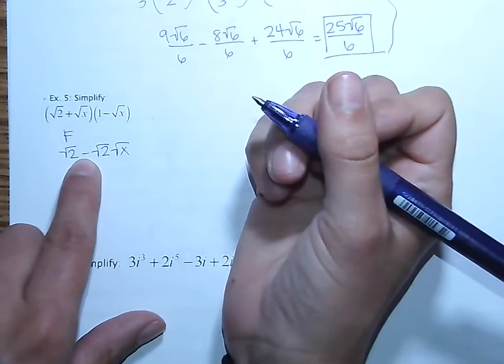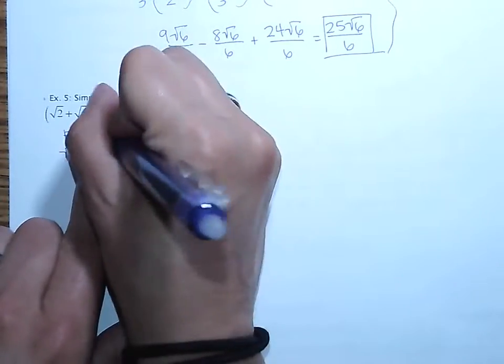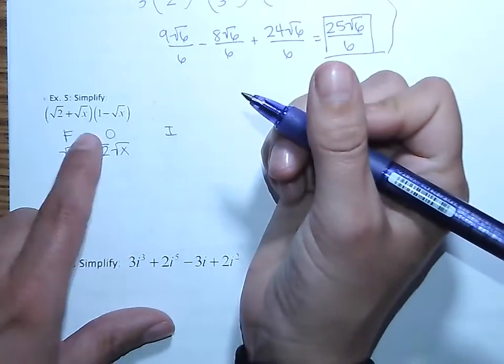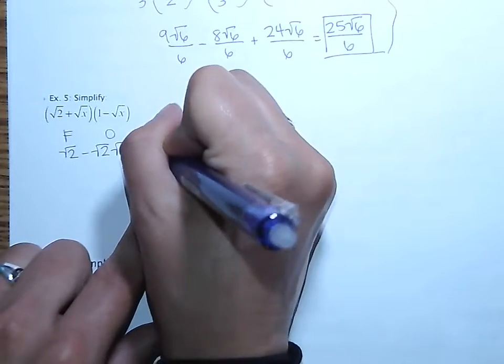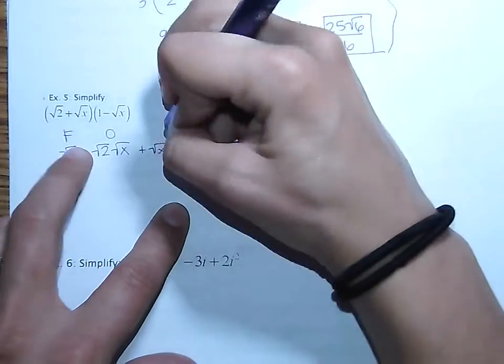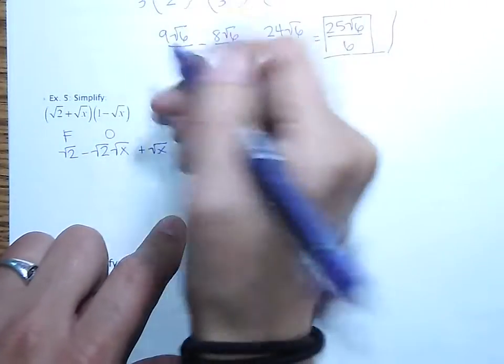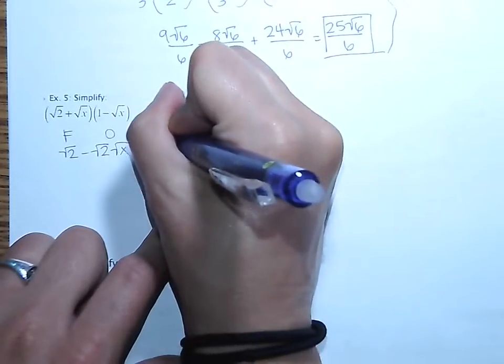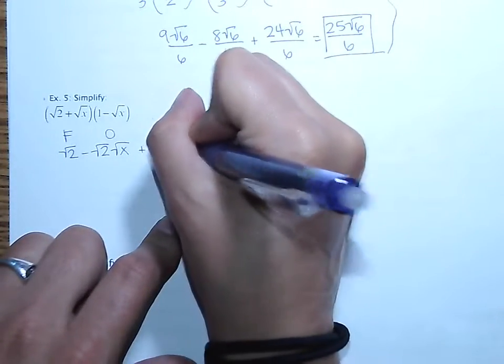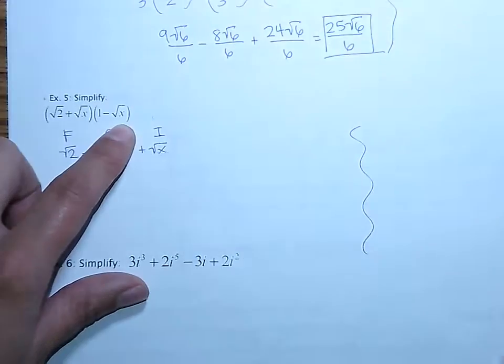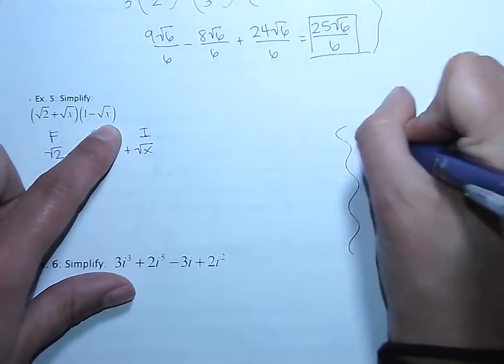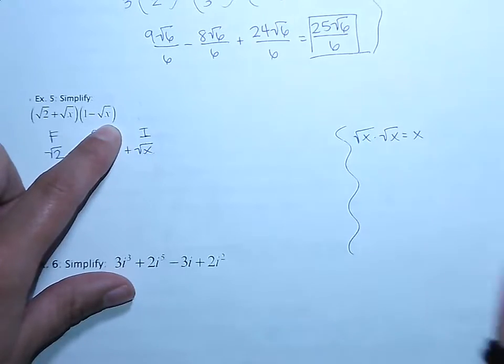I'm going to put the negative out front. Inner is square root of x times 1, plus square root of x. And then last is square root of x times square root of x.